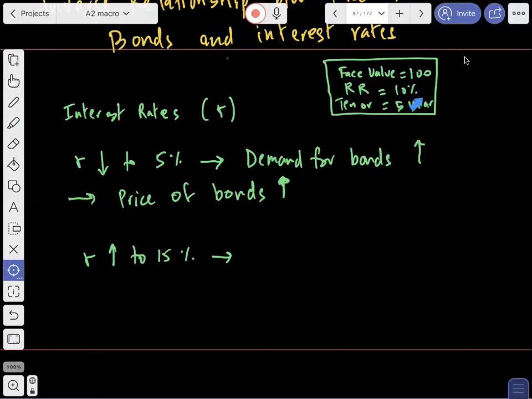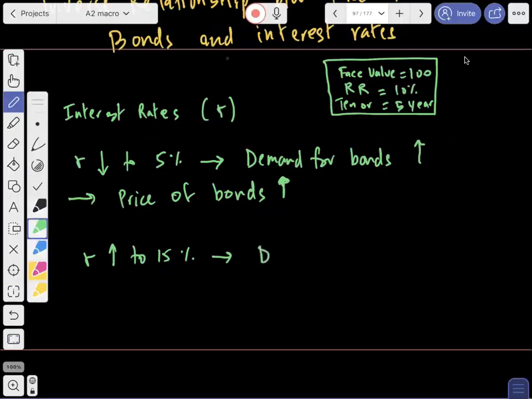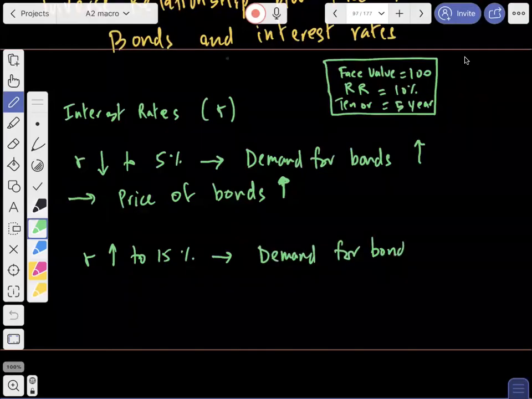The answer is no. The demand for bonds will go down, and because of that, the price of bonds will go down.